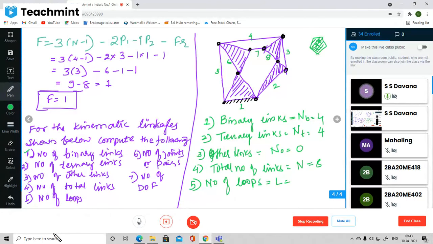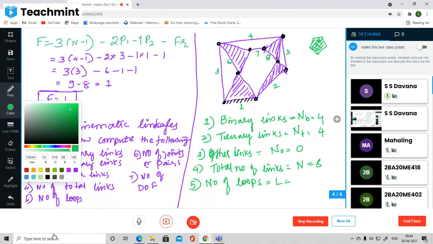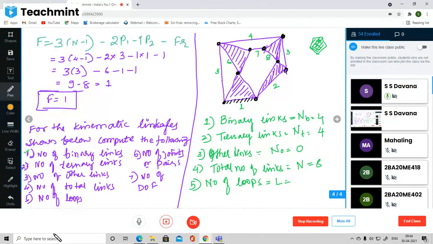Number of loops are 4. Is it the correct answer or wrong? Let us check here. Now link 1, 5, 6 is one loop.